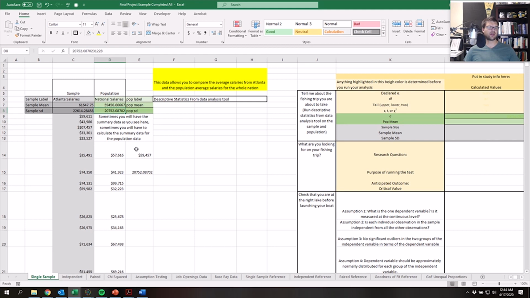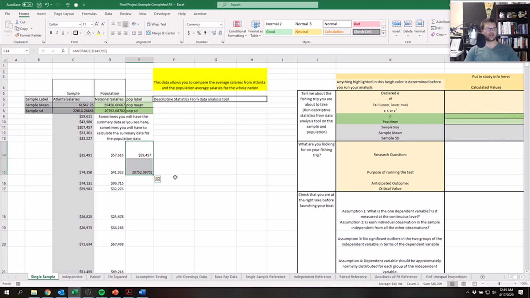Yeah, this is set up as a sample. The reason why is I pulled this from a pivot table, and the pivot table did it as a sample. So for you, this should be the population data, but once again, it's just a sample pulled from the population. So we ran it as a sample standard deviation.